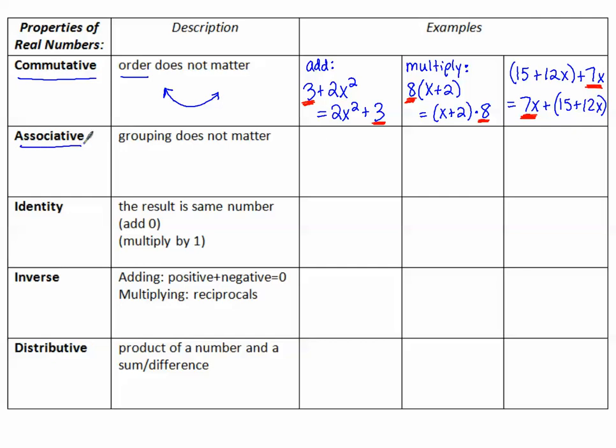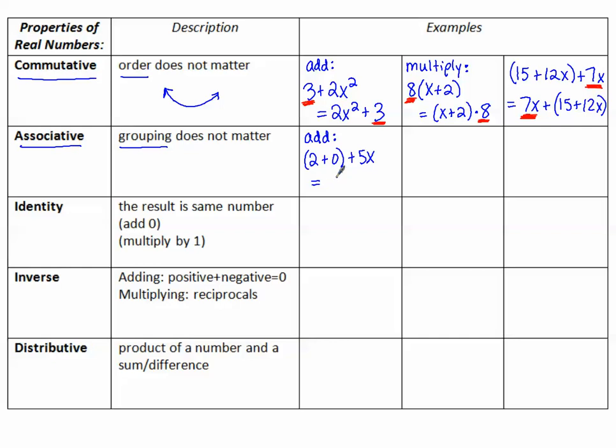Associative property is when grouping does not matter. So we look at a group, putting different groups together, such as when we're adding in the associative property, it could look like this. 2 plus 0 and then plus 5x.